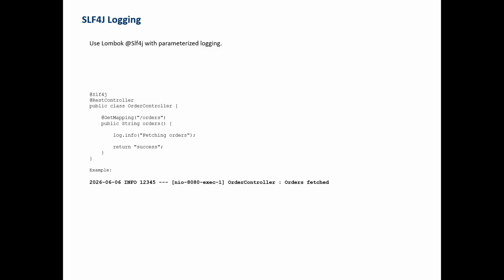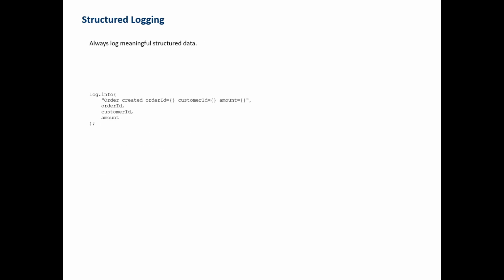So what is structured logging? Whenever you are logging, instead of logging a simple error message, you should log like this: the order ID, a proper error message, then customer ID, amount, and correlation ID, all these things.